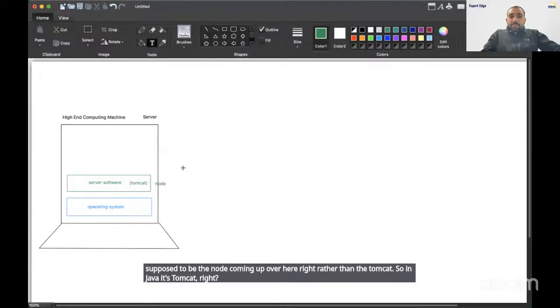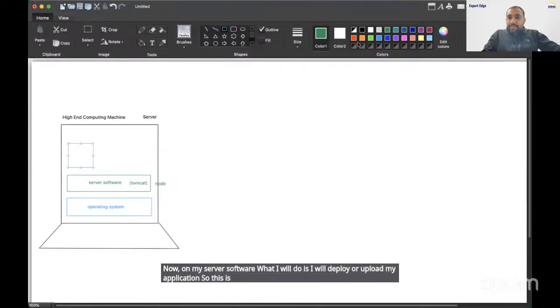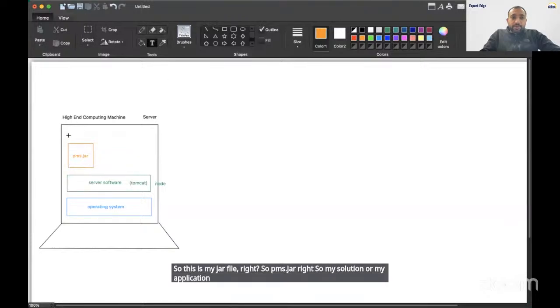Now, on my server software, I will deploy or upload my application. So this is going to be my application. This is my jar file, pms.jar, right? So my solution or my application is running on this high-end computing device.